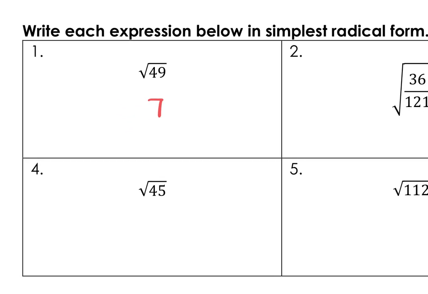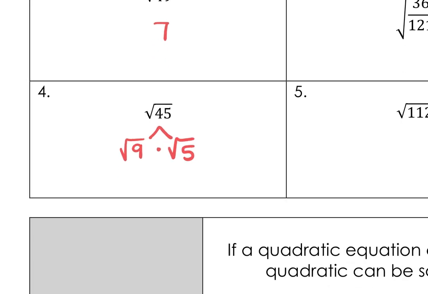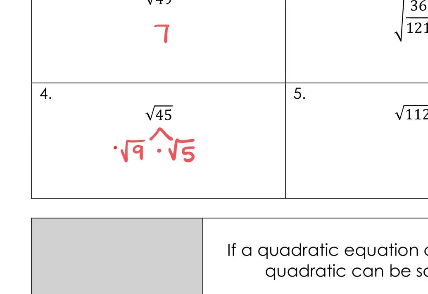So we'll break this down to the square root of 9 times the square root of, 45 divided by 9 leaves me with what? 5. So now that I have this perfect square under the radical, I can pull it completely out. The square root of 9 is 3, and then I'm going to leave this remainder underneath the radical symbol. So I have 3 square roots of 5.